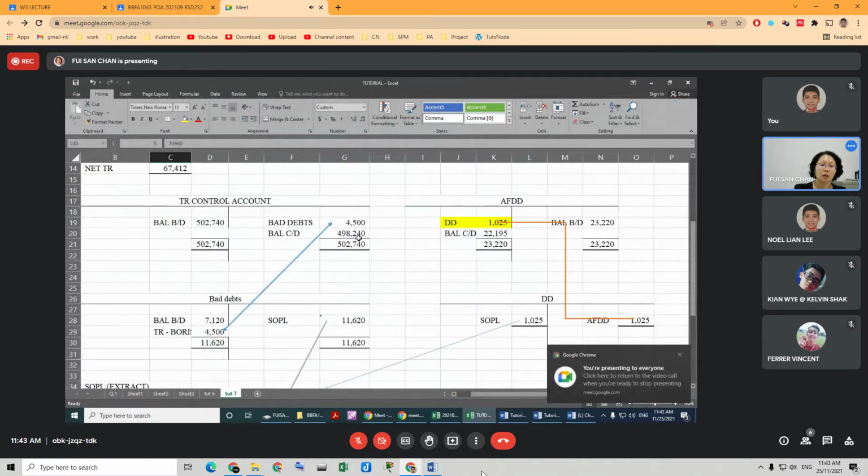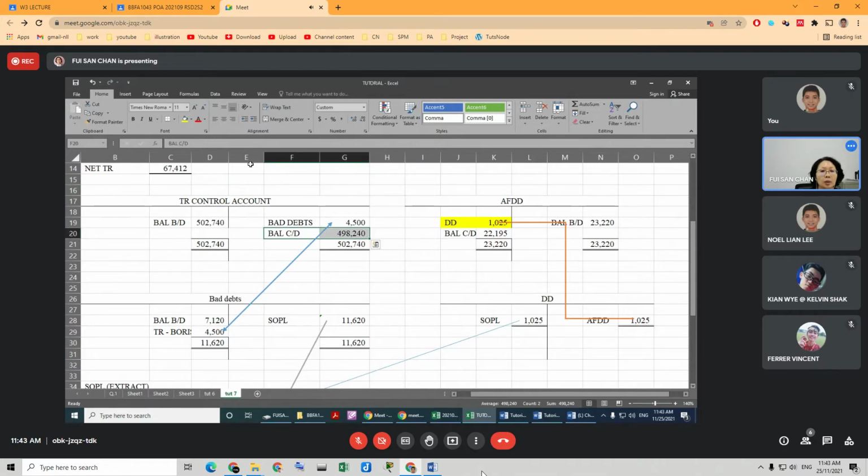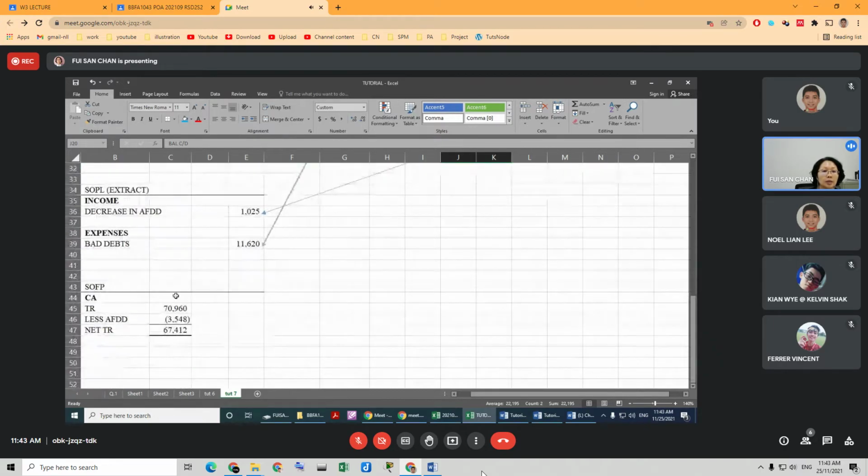Now remember, all the balance CD will always go to your SOFP. All your balance CD will go to your SOFP. Okay, you see, I highlight this one in blue and this one. You see here there are two balance CD, right? So meaning this number you're going to put is 498240, right?